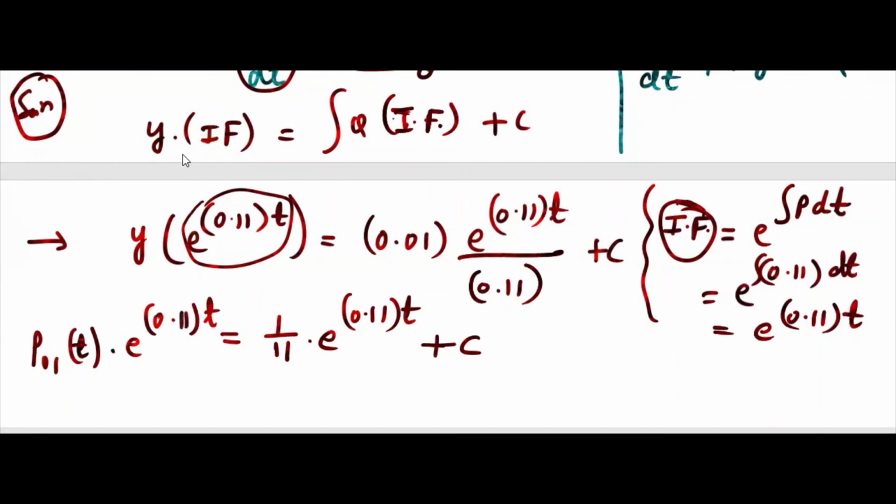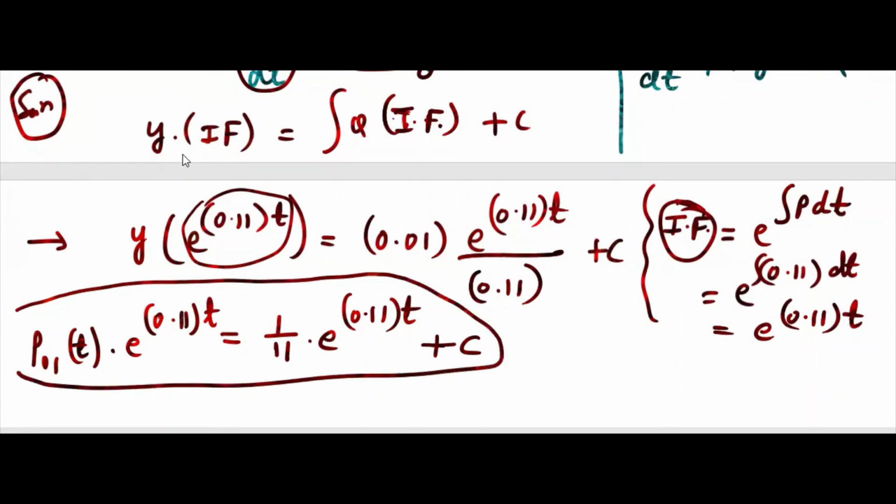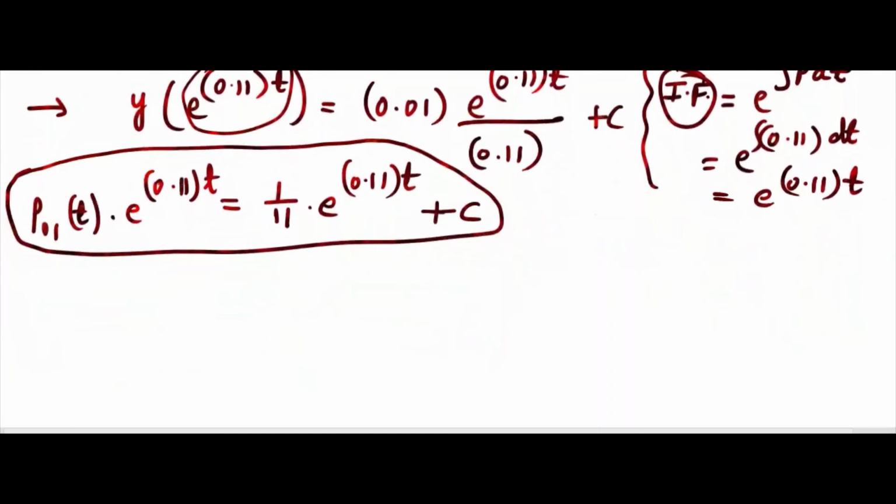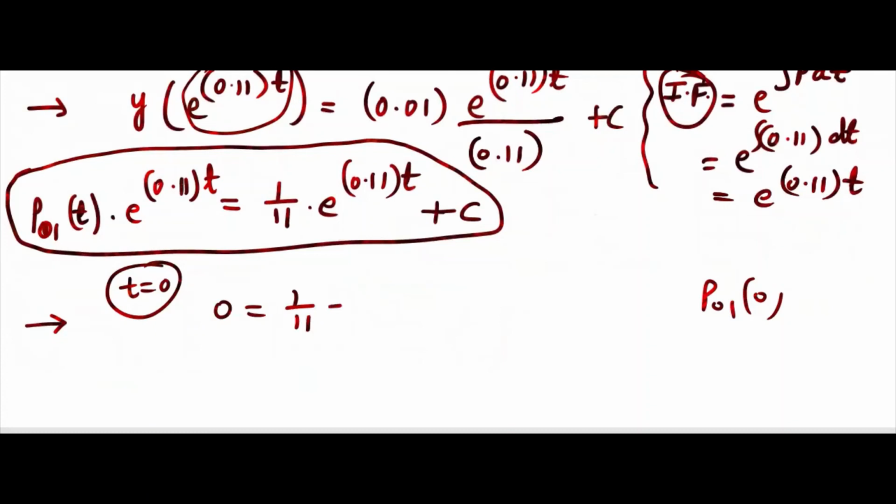Then you are supposed to find the value of the constant c. To find the value of the constant c, you put t equals 0. Suppose if you put t equals 0, what is P01 at 0? Impossible, right? This will be 0. So if you put t equals 0, 0 will be equal to 1 upon 11, e power 0 is 1, plus c.